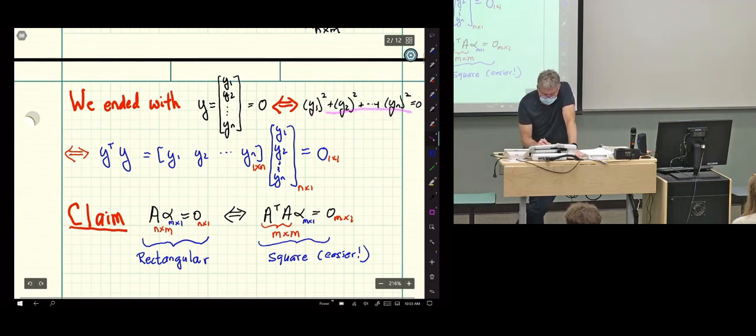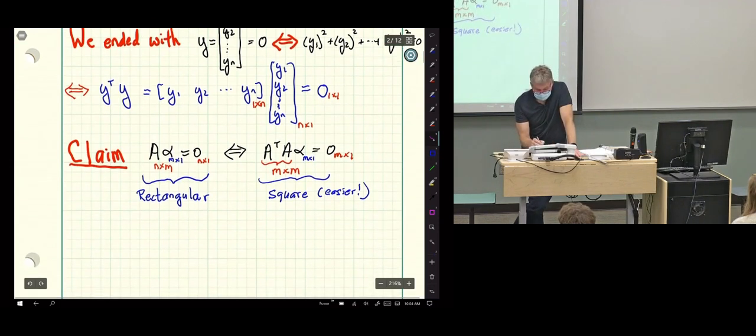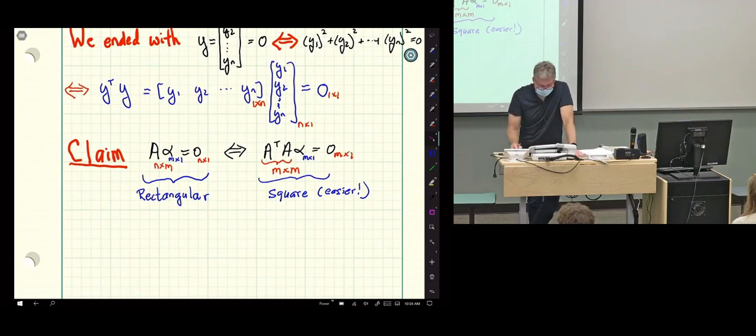That's going to be very useful to us, because if we take this one times this one, and so on, and add them up, bingo. So a vector y is 0 if and only if y transpose times y is 0. And here I've carefully written down all the sizes.